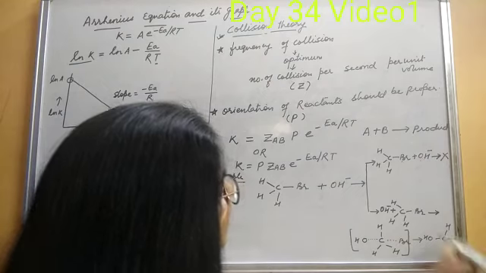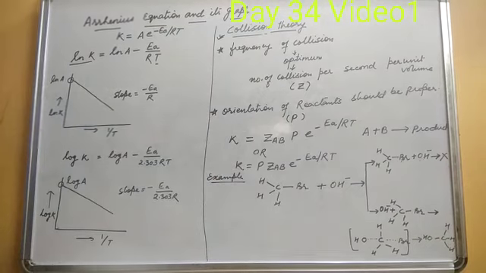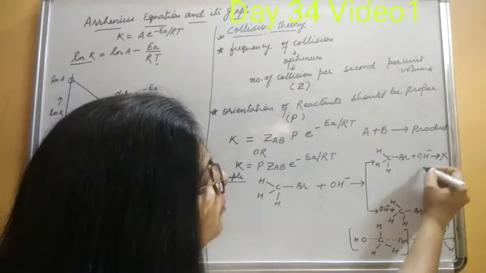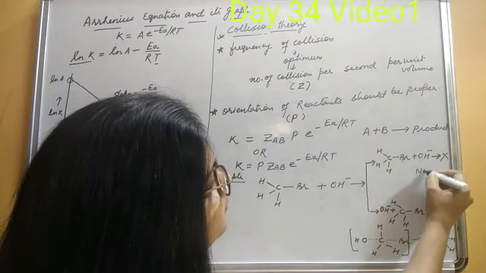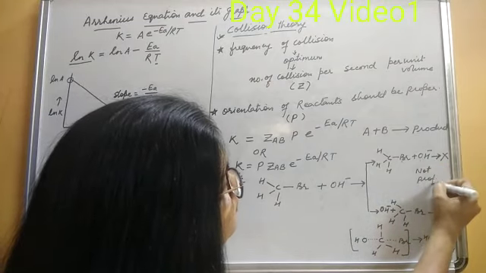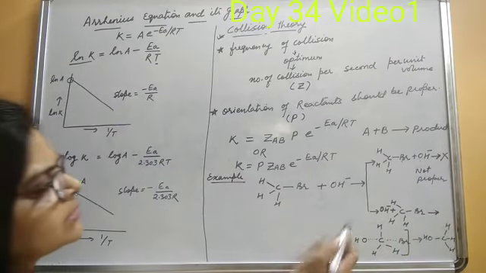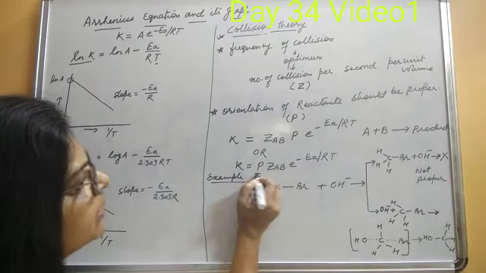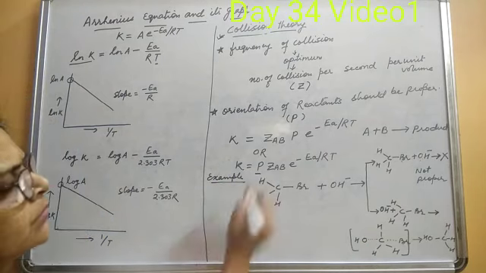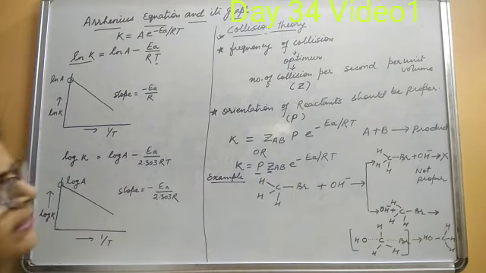So these are the two very important factors. This is not proper orientation, this is proper orientation, and the orientation factor is denoted by P and the frequency of collision by Z. This is known as collision theory.